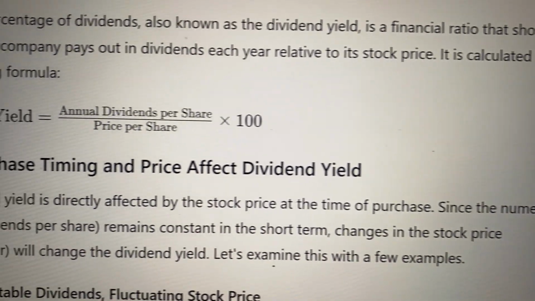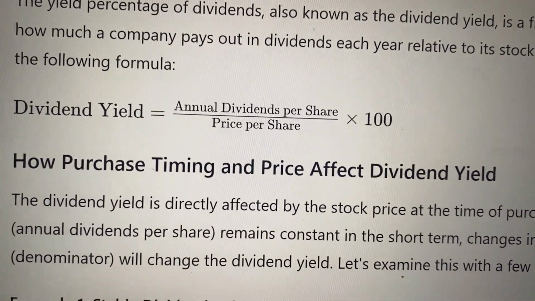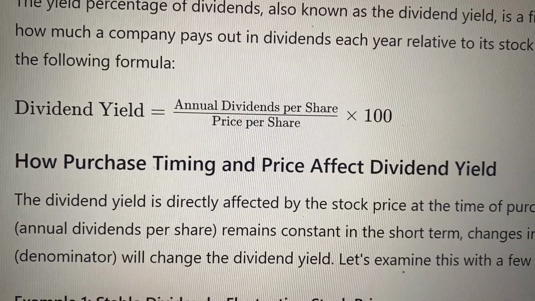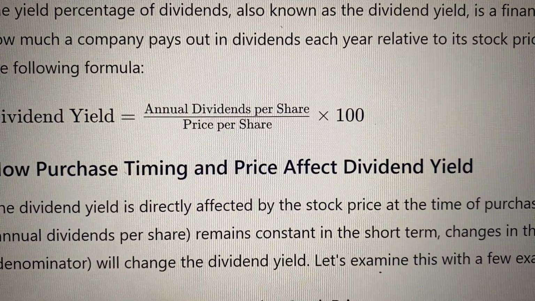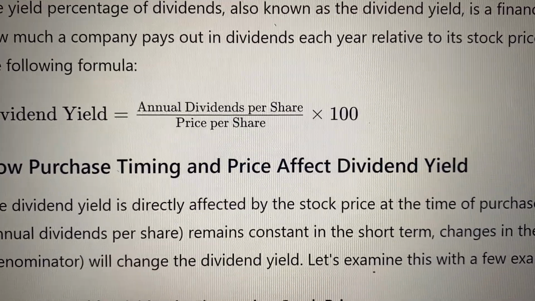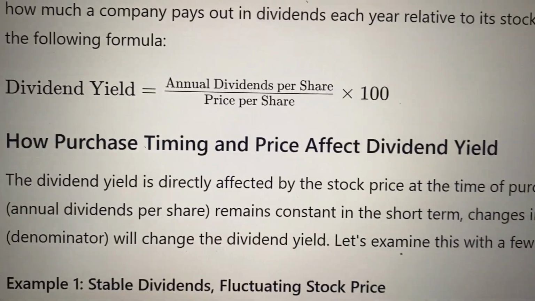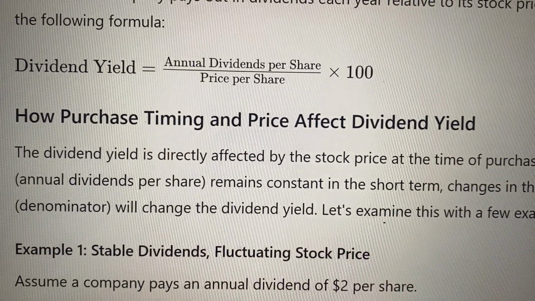It's calculated using the following formula. We'll have several formulas, but they're all quite easy to understand. The dividend yield equals the annual dividends per share divided by the price per share times 100 to turn it into a percentage.